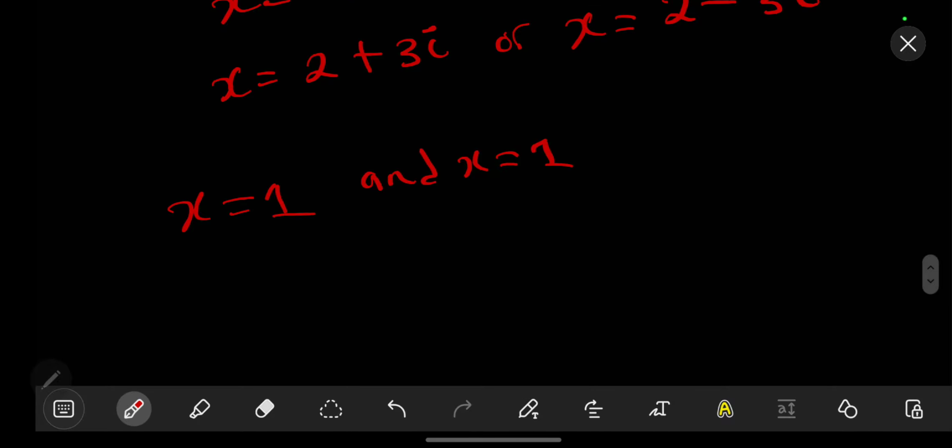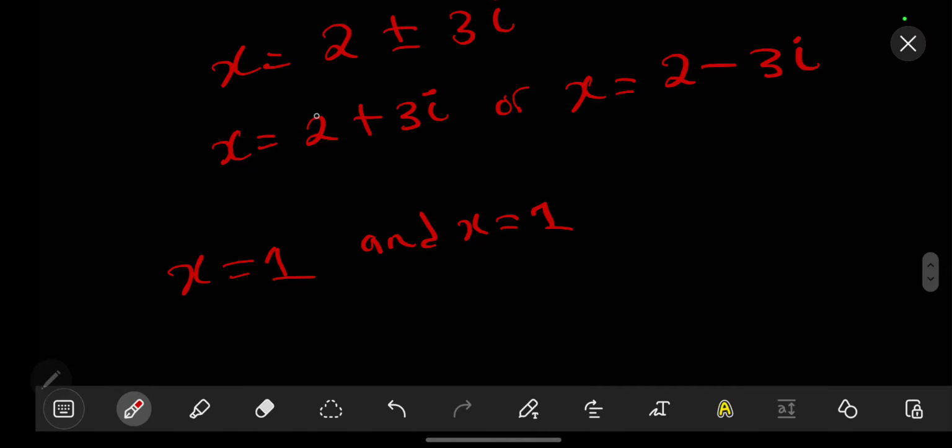So this is solving. Now let's say you are factorizing. If I take these values, it will be x minus all of these numbers, and when they go there, just put them in brackets.